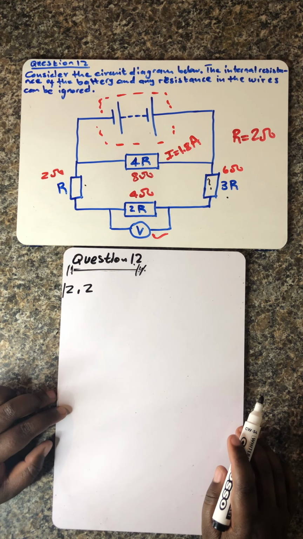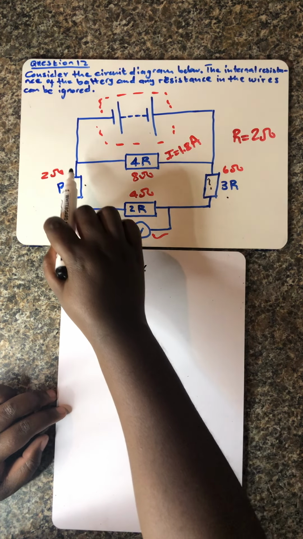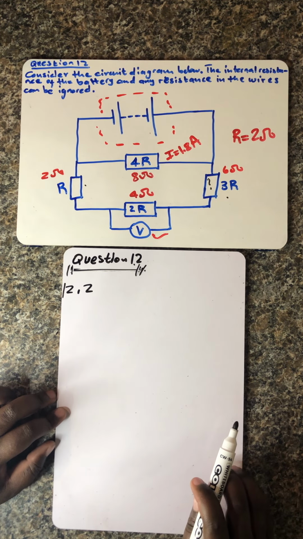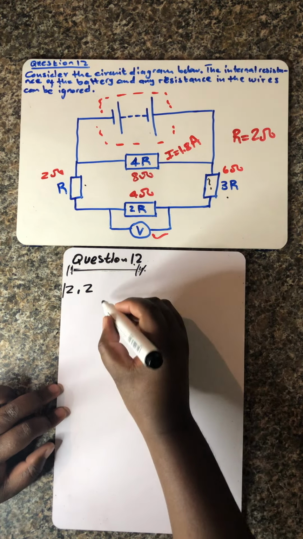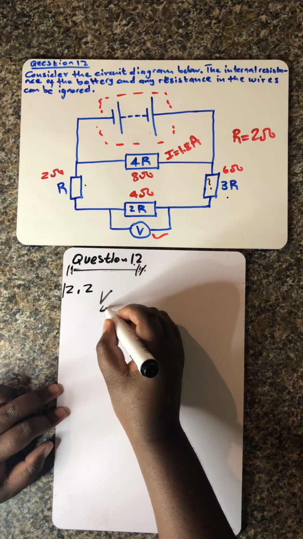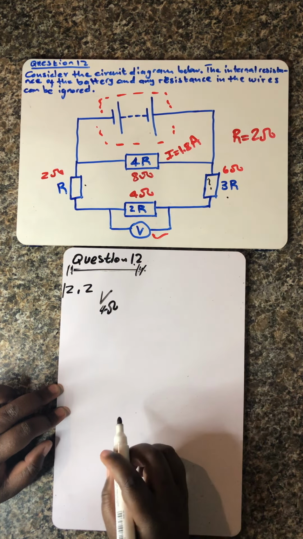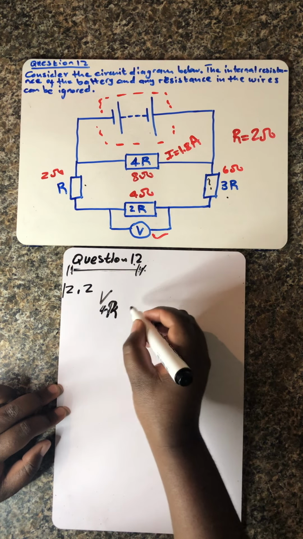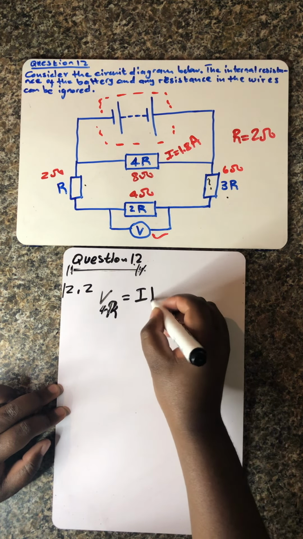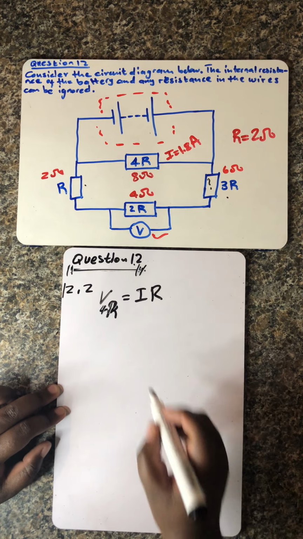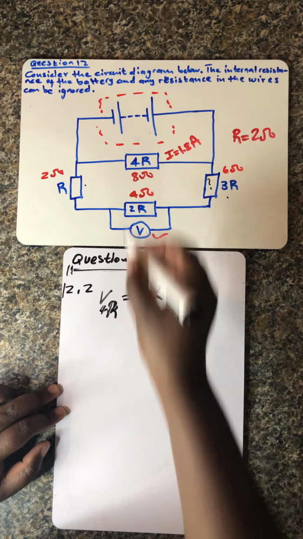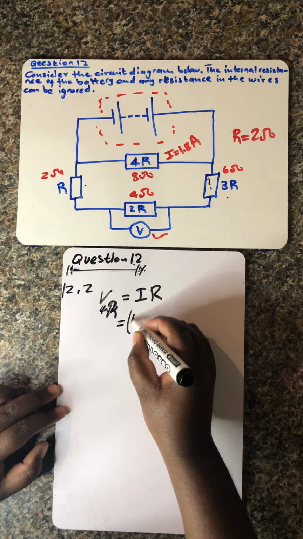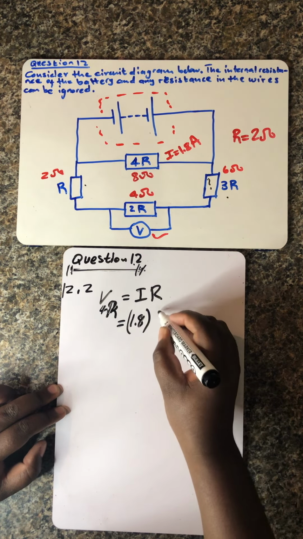You need to find the V of that side of the 4R resistor, which is equal to IR. For ease of reference, what is the I flowing there? It's 1.8 amperes.